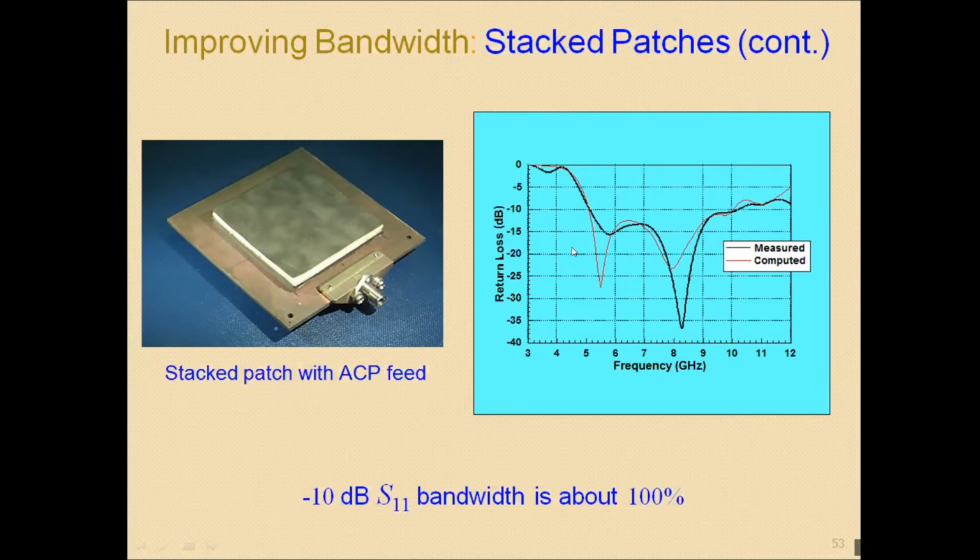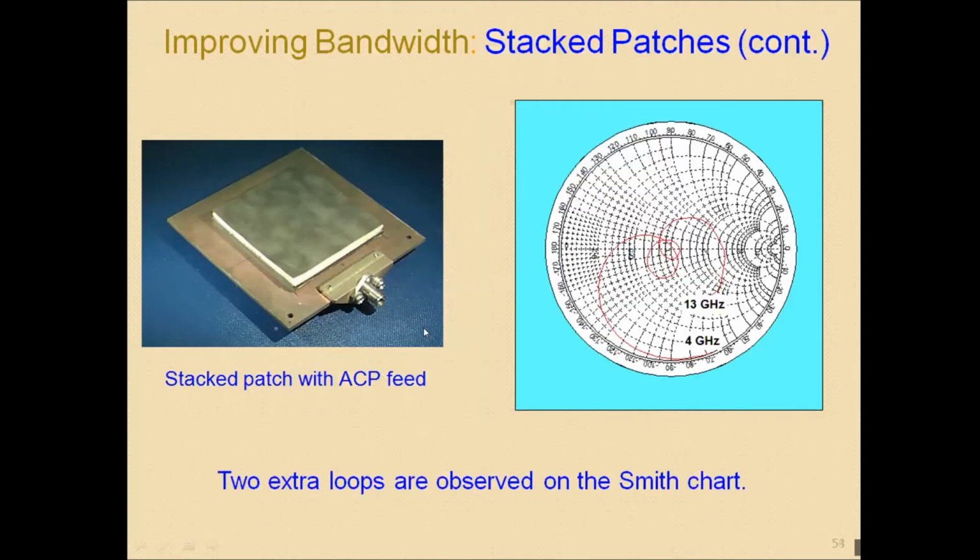So if you make any modification in the structure to improve the bandwidth, only then can the bandwidth be improved. Otherwise, the microstrip patch antenna is a low bandwidth antenna, right? So we can increase the bandwidth by making some modifications in the microstrip antenna.